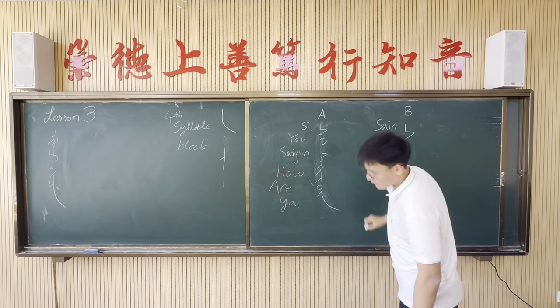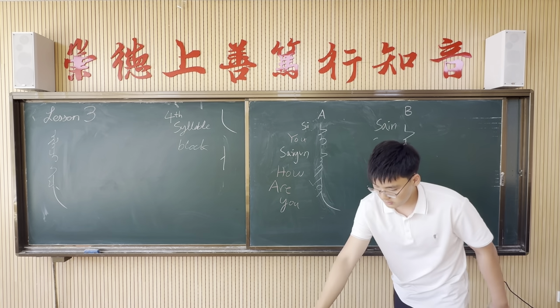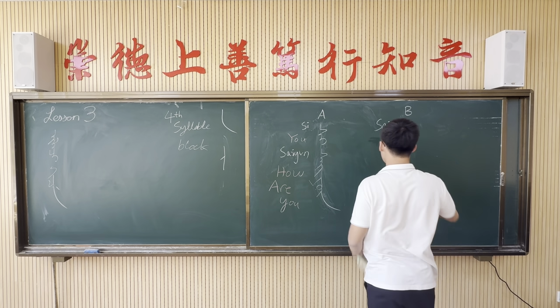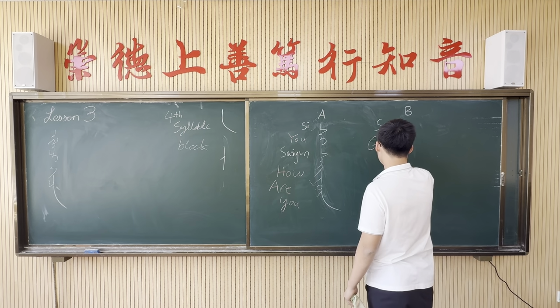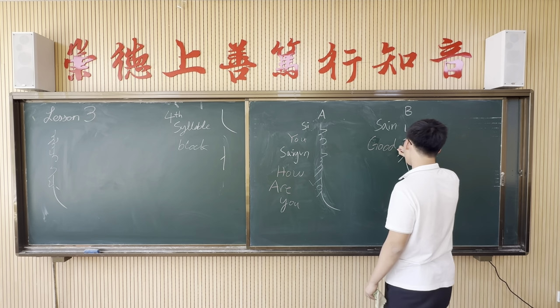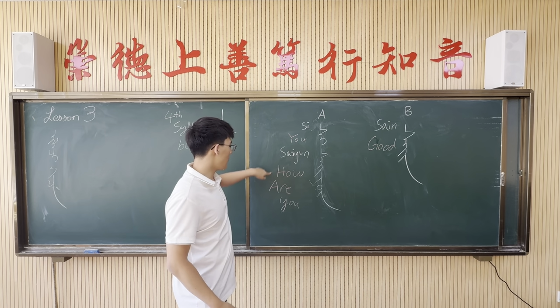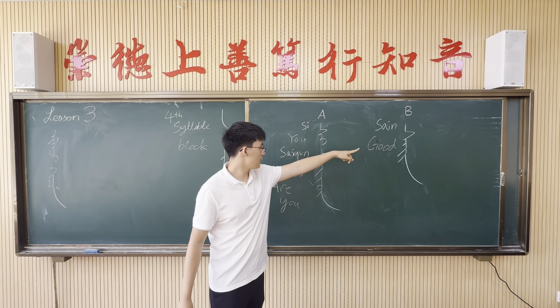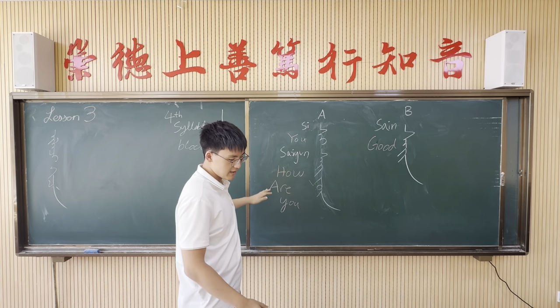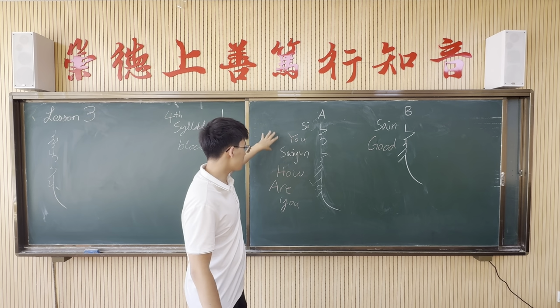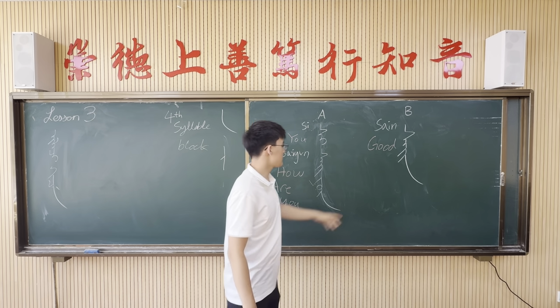Sign means good. So when someone asks you, how are you? You can reply with sign, which means good. So, you, how are you? Good. You, how are you? Basically means, so, si sayun, how are you? Sign, good.